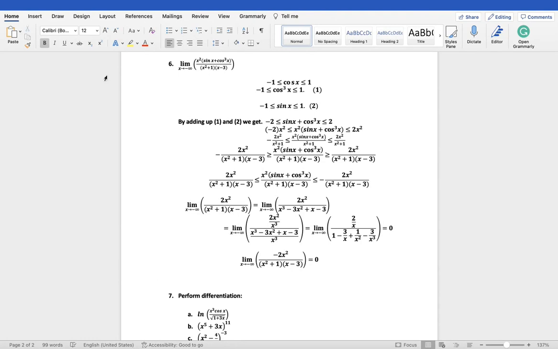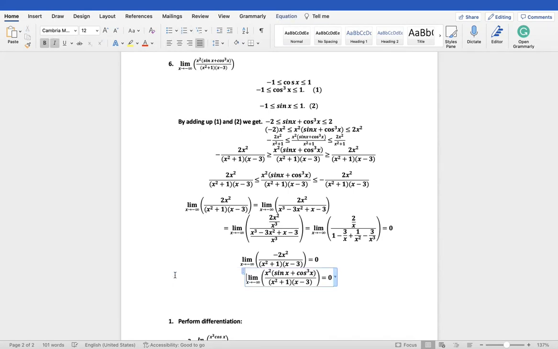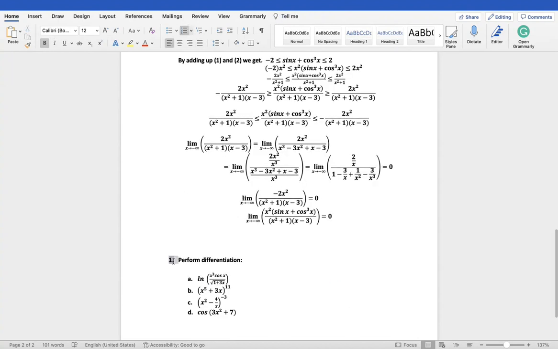And then your conclusion will be, remember that's the question we're trying to solve, the limit as x tends to negative infinity of this whole thing here therefore also has to be 0. And that's done. Any questions there? Any questions, anything at all?